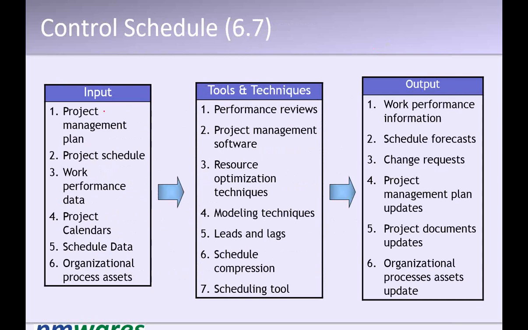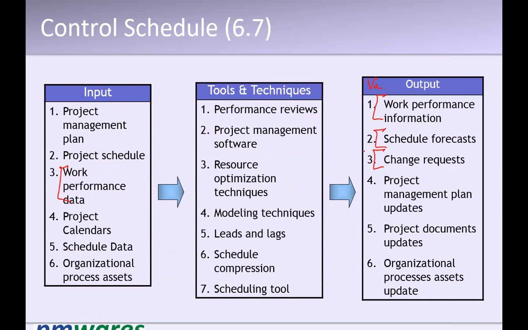So what you get is work performance data, that is the execution data. Against the plan, you do plan versus actual, find out the variance, and to reduce the variance you put up a change request, which is an optimization or change in the schedule. And based on the changes you make, a schedule forecast.